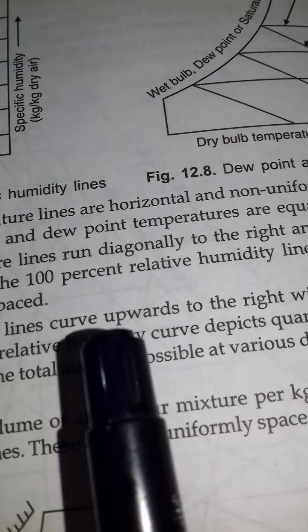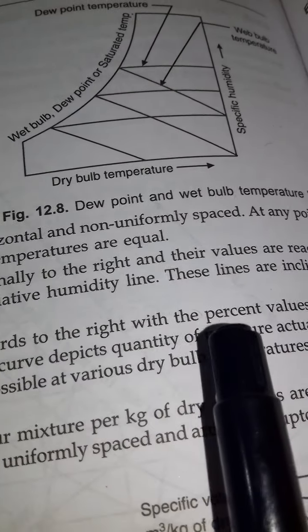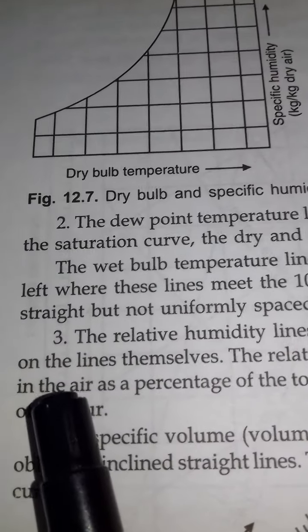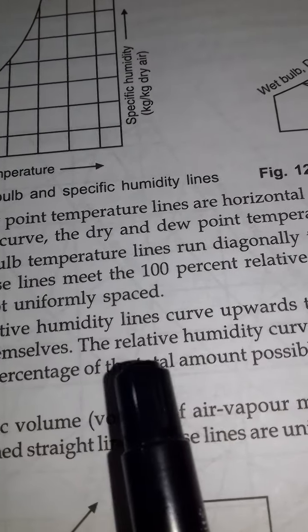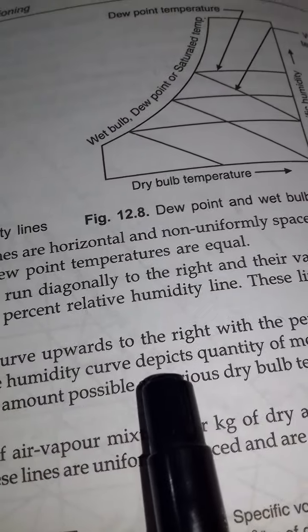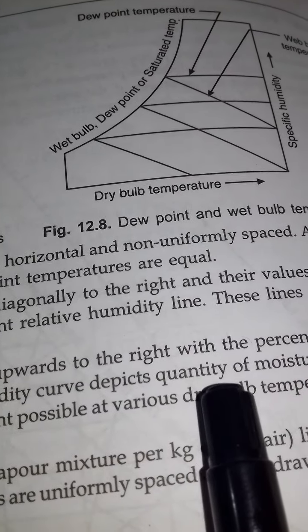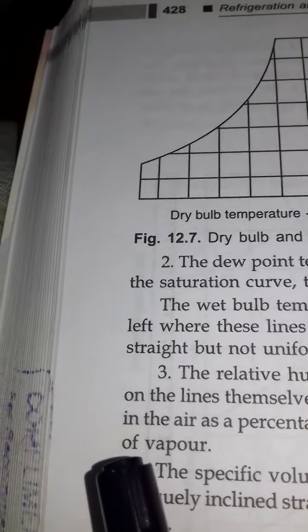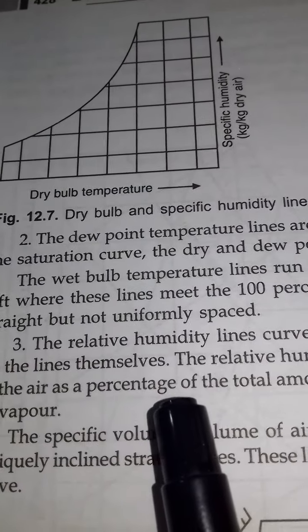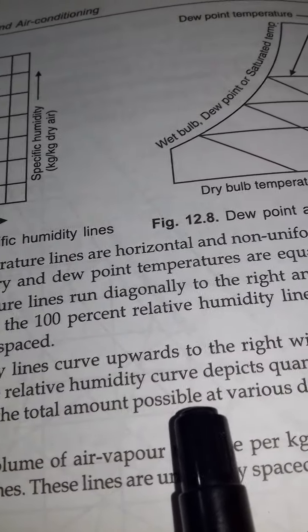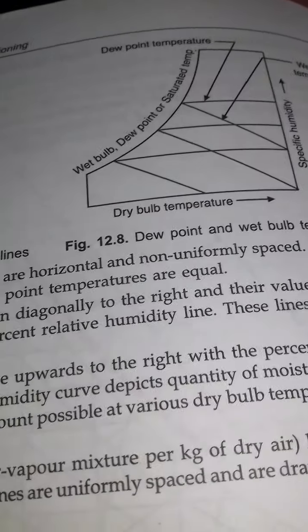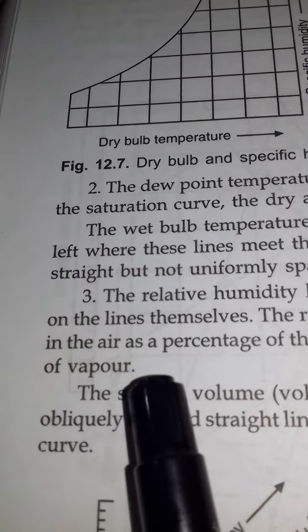The relative humidity lines curve upward to the right, with the percentage value indicated on the lines themselves. The relative humidity curve depicts the quantity of moisture actually present in the air as a percentage of the total amount possible at various dry bulb temperatures.